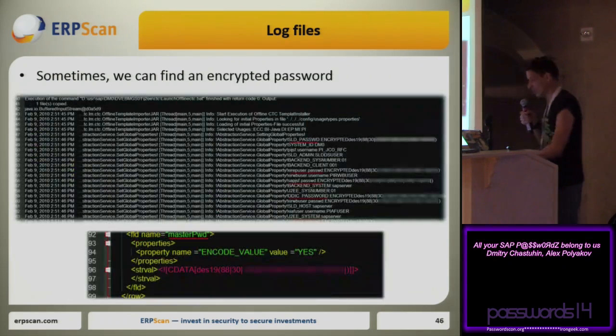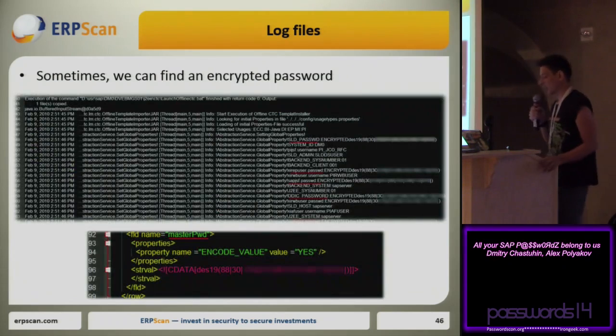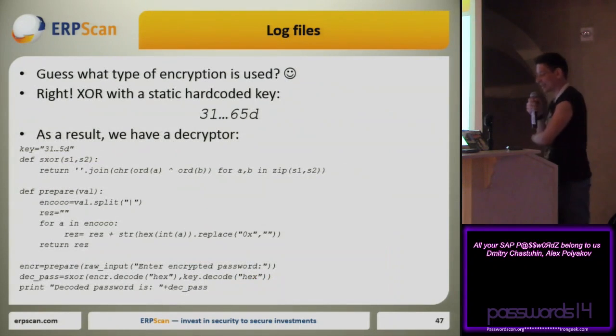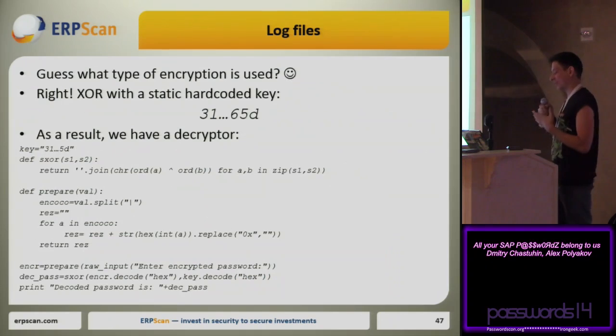So go next. This is a more real situation which we see very often in SAP logs. The password is encrypted. Guess what type of encryption is used? Right, again XOR, and again the key is hard-coded, and as a result we have a decryptor of passwords from SAP log files.